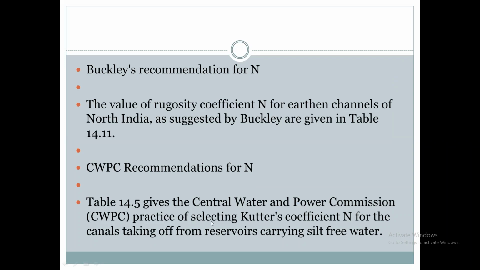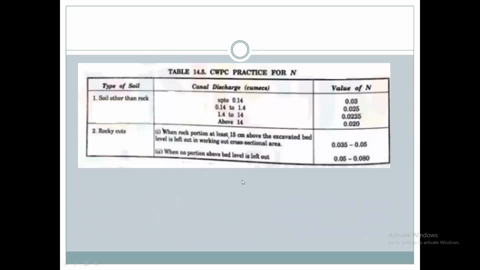The CWPC has given the values of n, selecting the rugosity coefficient N for the channels taking off from the reservoir having silt-free water. The values of n rugosity coefficient is given for type of soil.